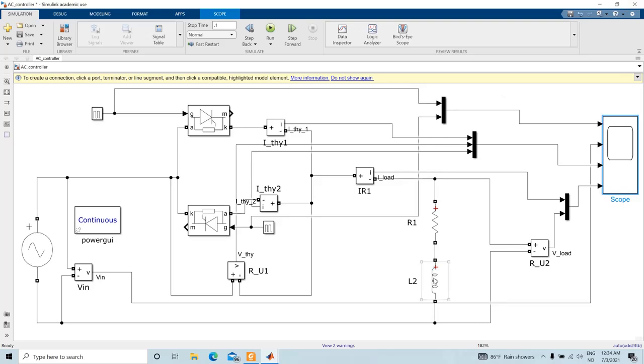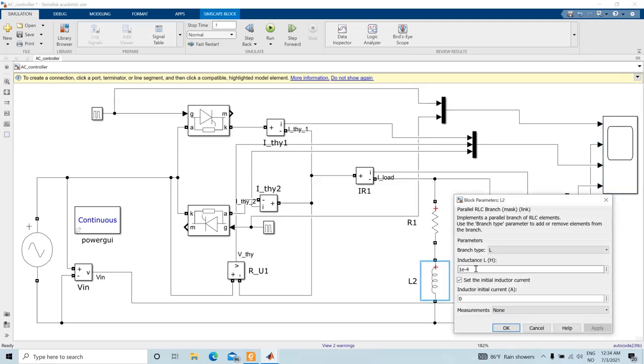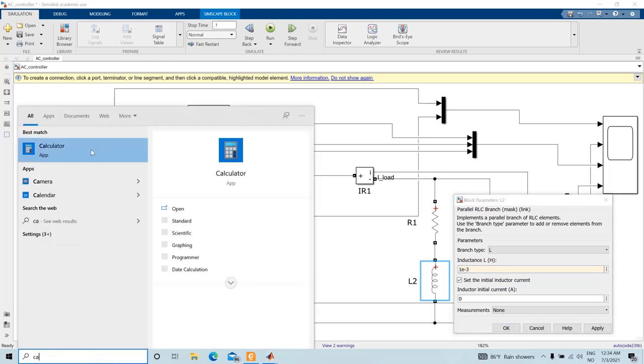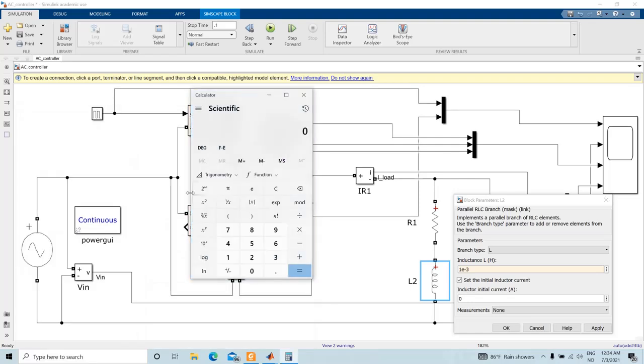Now if we increase the inductance here, let's say we make it e to the power minus 3, that means it's comparable with our load. So we have 1 ohm, and then this is 314 divided by 1000, which means 0.314.